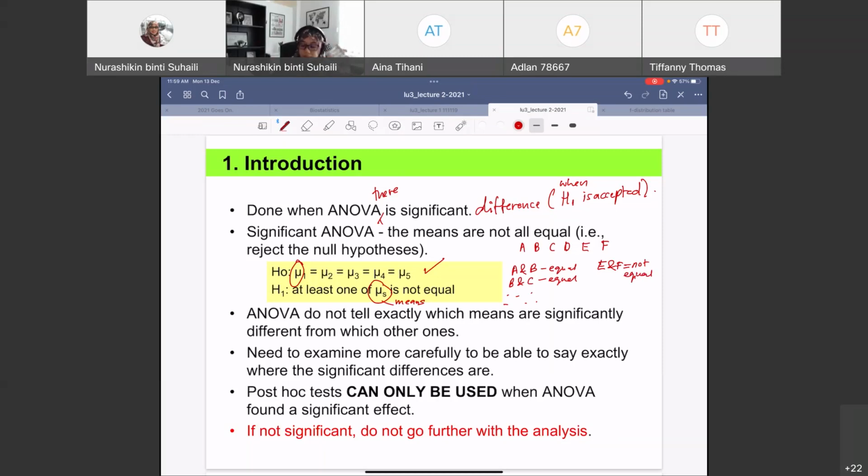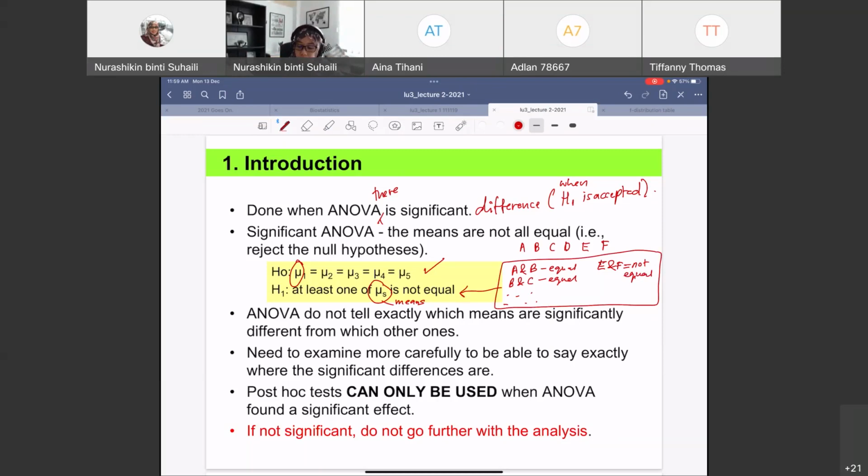So this situation falls under the category of the alternative hypothesis, because at least one of the means is not equal. Unlike if you have everything equal, then it is null.